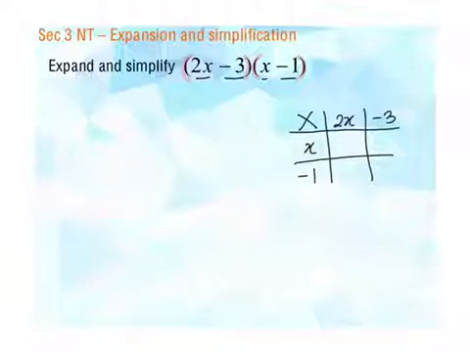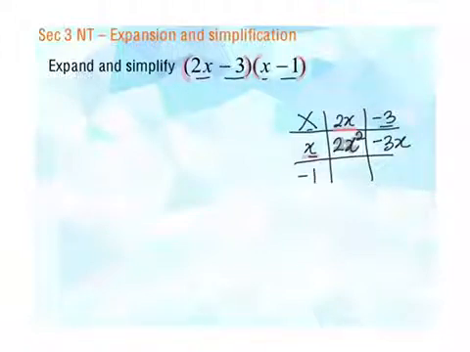This is actually taking 2x multiplied to x to give me 2x squared. Sorry, let me change the color. 2x squared. And next we are going to take minus 3 times x to give me negative 3x.